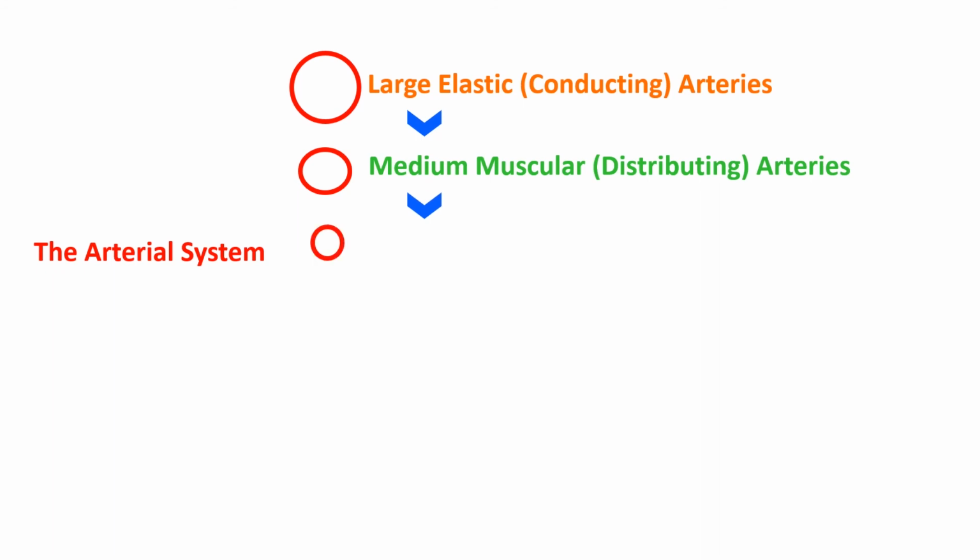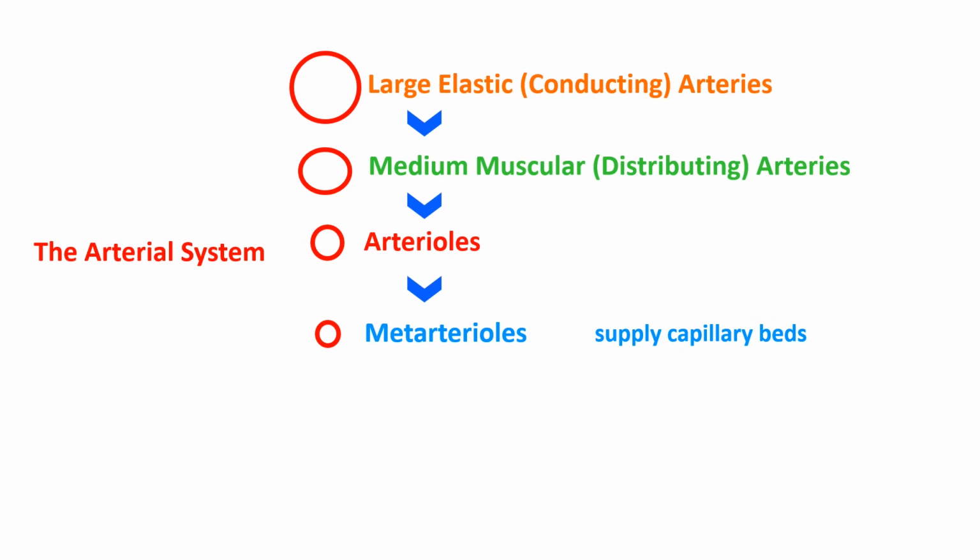And next is a smaller group of arteries. They are called arterioles as they reach the cells of tissues, and then smaller ones which are called metarterioles. Metarterioles are very important because they supply the capillary bed.